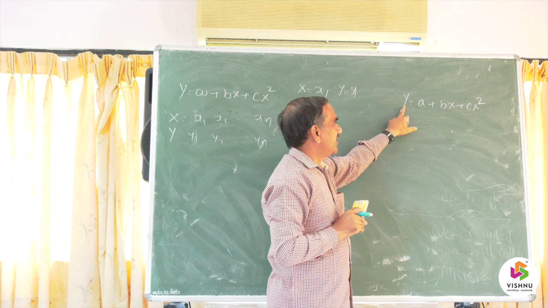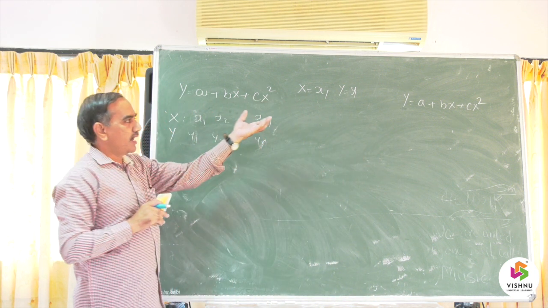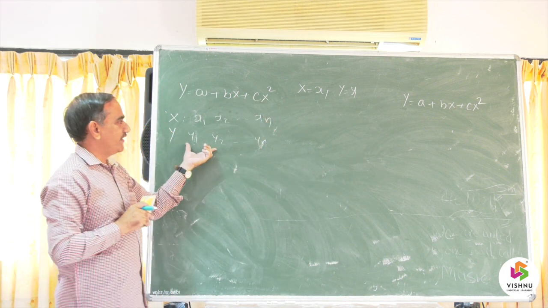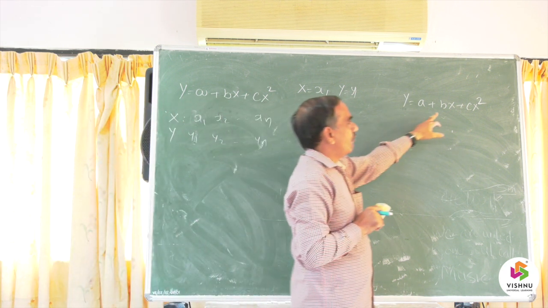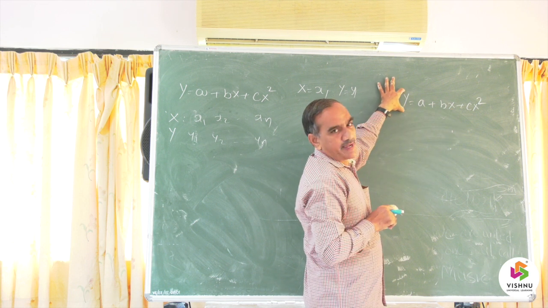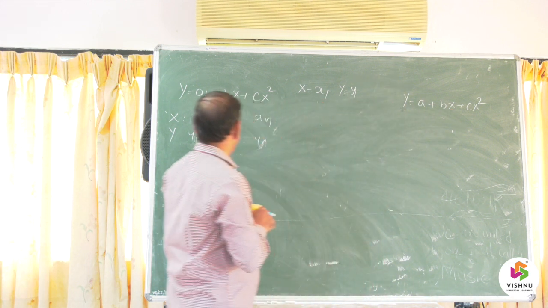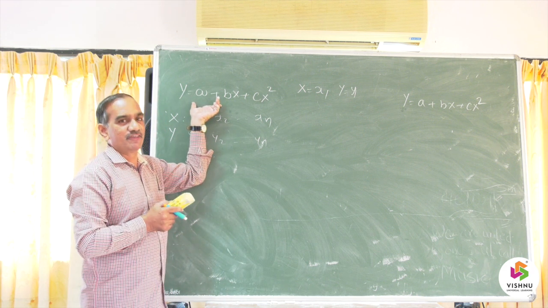If this estimated value lies close to the true value y1, then it is said to be the best fit to the given data. When we substitute the value of x1, if the calculated value deviates quite a lot from the true value y1, then the curve is said to be not a best fit.